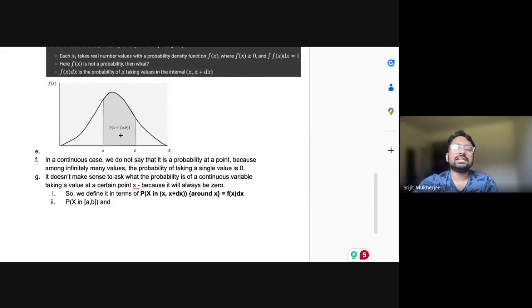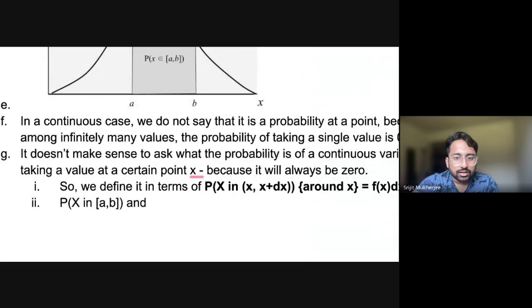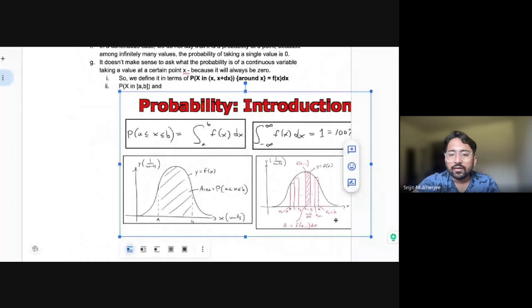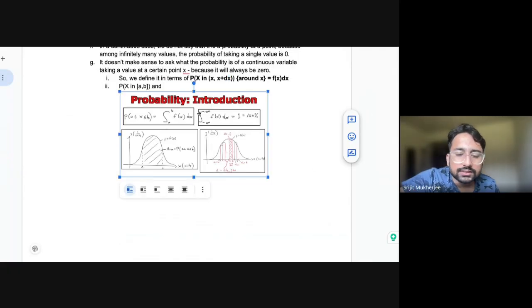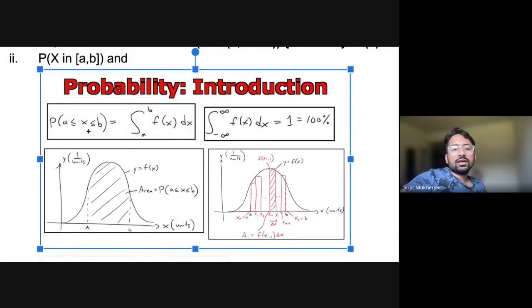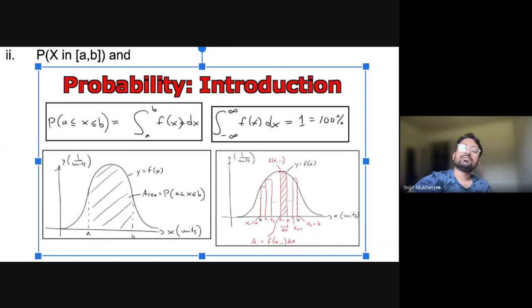In general, the probability of x taking values between a and b is the integration of f of x dx.